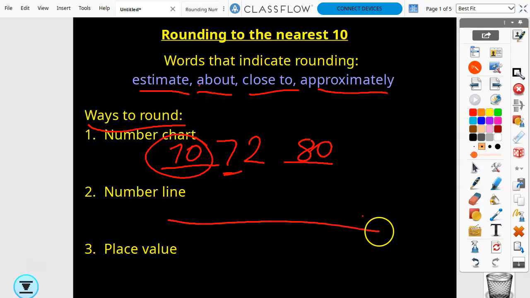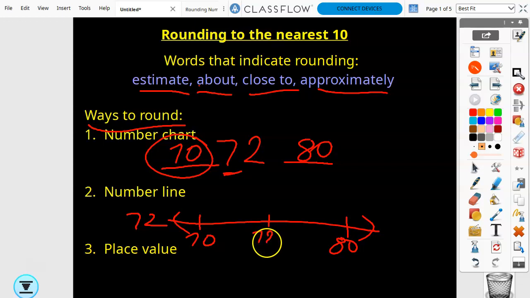We can also represent the same concept using a number line. Your beginning number is 70. Your ending number is 80, just like what we did on top. This time we need to find a midpoint because that is a reference for us to see if the number is closer to 70 or closer to 80.